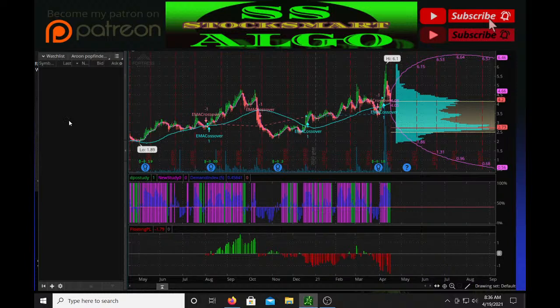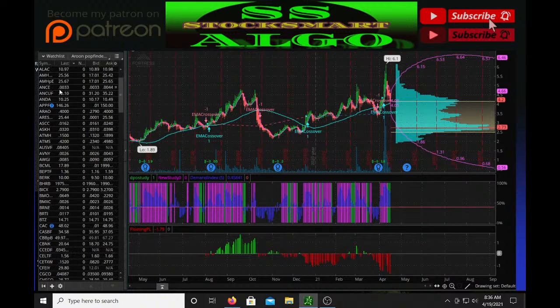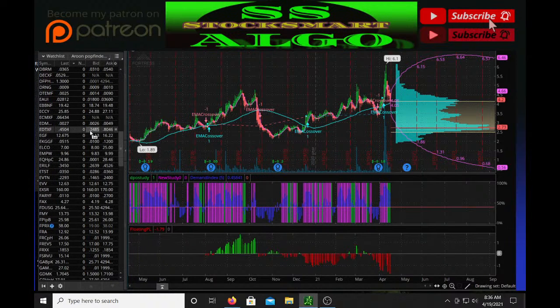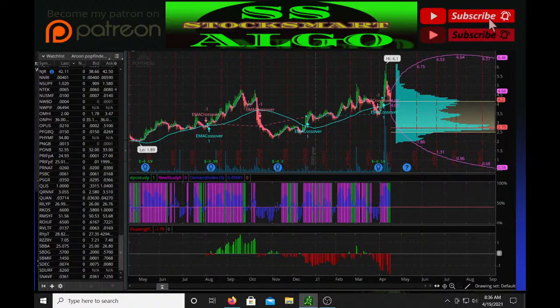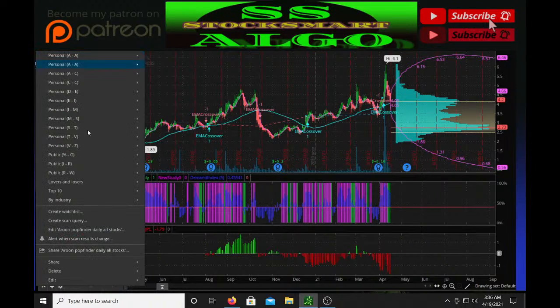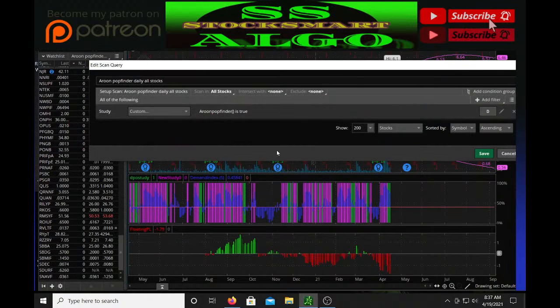It doesn't always find a good one, but it looks like here it is, at least for the all stocks scan. Maybe we want to tighten that up a little bit. There's an awful lot there, and all we're looking for is Rune Pop Finder is true in all stocks.